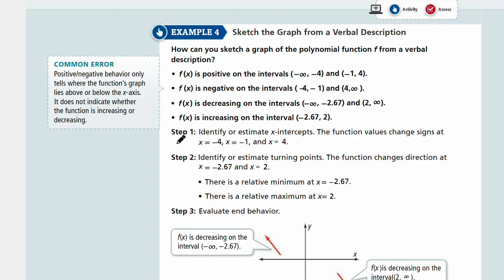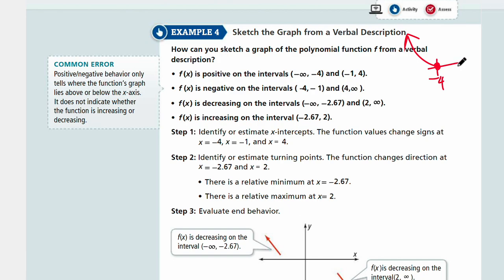So let's look at these descriptions here. f of x is positive on the intervals from negative infinity to negative 4 and negative 1 to 4. So it's going to be positive from negative infinity until x is negative 4. It's starting here, just going to be positive, right?